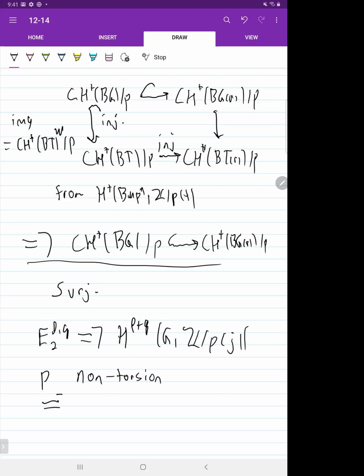This implies that the Chow ring of G mod P is just trivial. It's Z mod P in codimension 0.